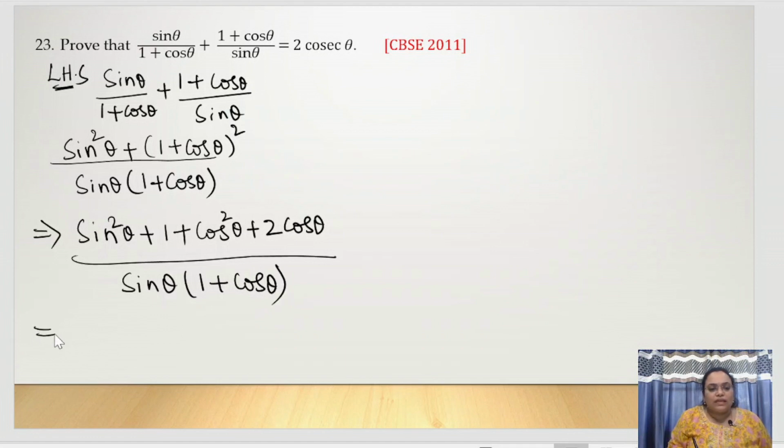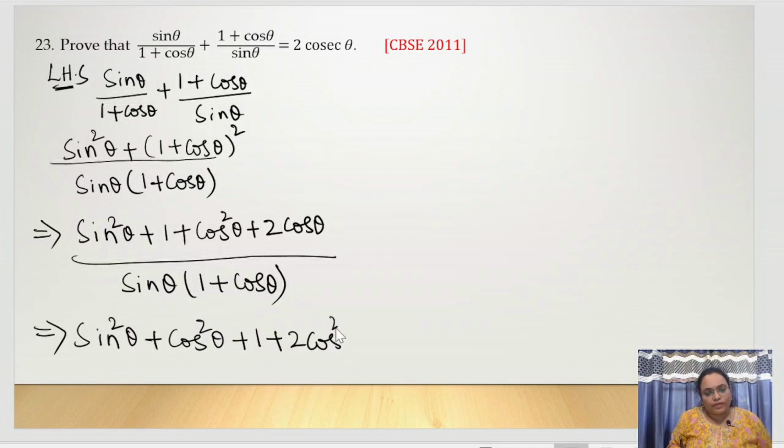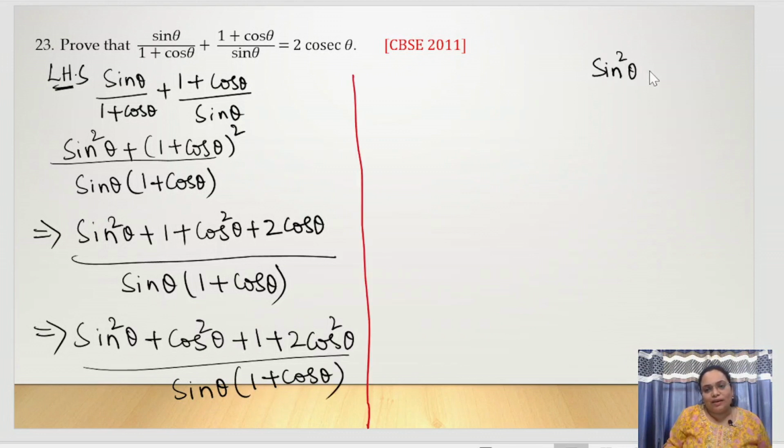Okay, so if you see here, we have sine square theta and cos square theta. So I am just writing it beside, sine square theta plus cos square theta plus I have 1 plus 2 cos theta, by denominator same, which is sine theta into 1 plus cos theta. Yes, sine square theta plus cos square theta is 1.